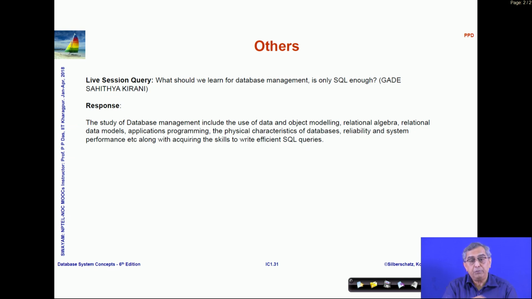I want all of you to be very, very solid in SQL, but do pay attention to modeling and design as the next step. Then come the physical characteristics, the data representation and physical representation layer, how you build applications, and subsequently transactions, concurrency and recovery. Everything that was discussed is important.